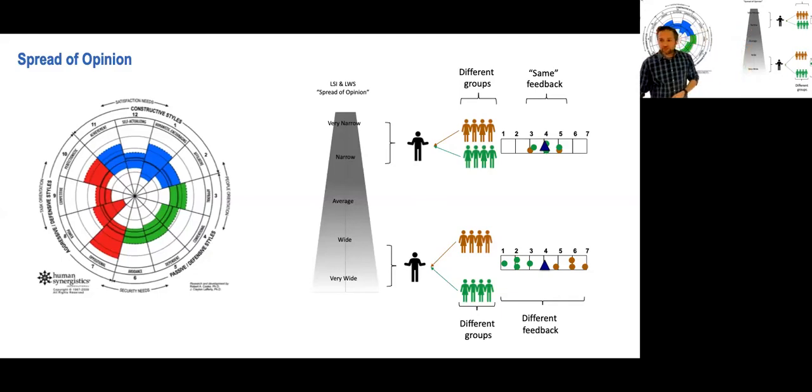In the two extremes, we either end up with feedback that's very narrow to narrow, even though I'm inviting different groups of people to give me feedback, peers and direct report groups. They're pretty similar in how they perceive me as an individual, and they're describing me in fairly consistent ways, and that's creating a small standard deviation and what's called a narrow spread of opinion. There's lots of agreement and consistency.